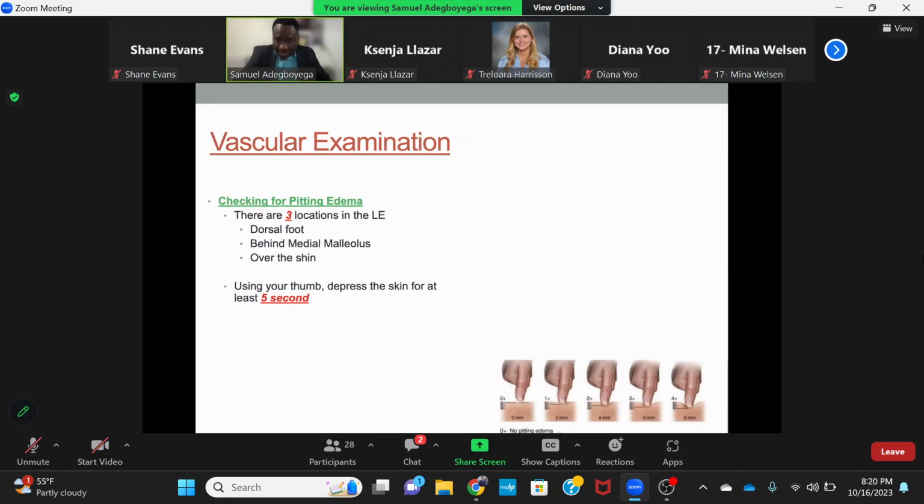So if it bounces back so fast, that's 0. If you depress it and it disappears rapidly, it's +1. If it's 10 to 15 seconds, +2. 1 minute is 3. 1 to 2 minutes is 4. Just make sure you know both of them. The easier way is to just divide it. But again, they don't give you that. Use the seconds.